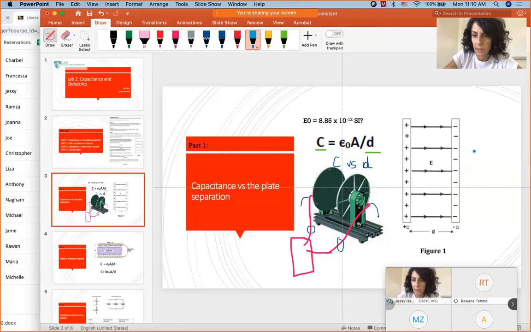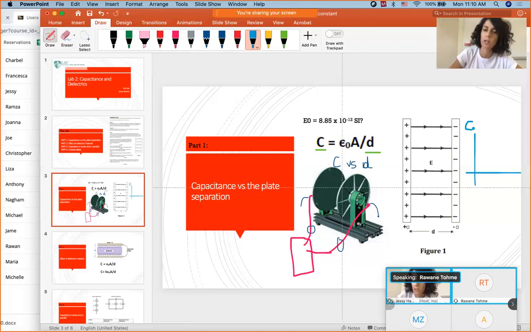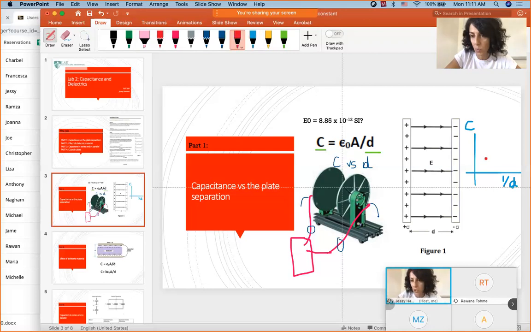If I plot C versus A, A is a constant, so I cannot plot versus A. So instead of D, 1 over D. Yes, so you will plot it as 1 over D. So you supposedly should get a linear relationship with a lot of fluctuation. Can you tell me what the slope represents?